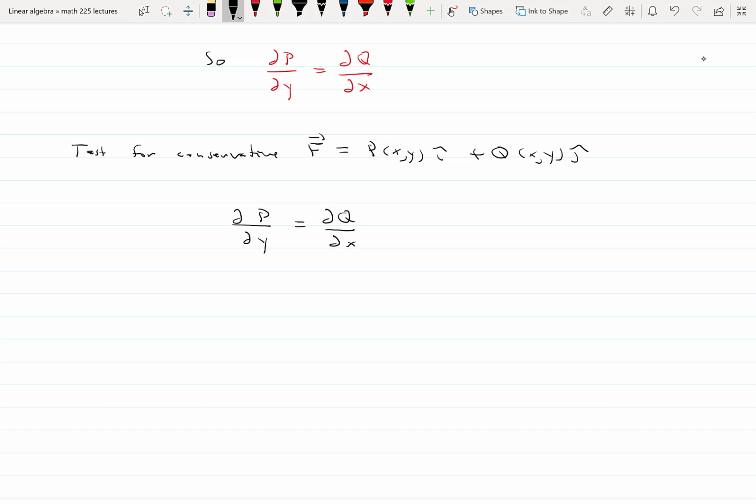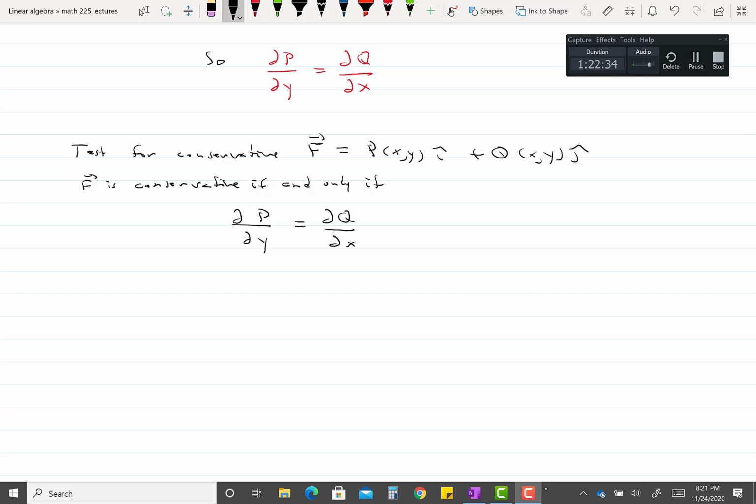So the function is conservative if and only if this equation holds true. Okay? F is conservative if and only if the partial of p with respect to y equals the partial of q with respect to x. Let's use that in our next example.